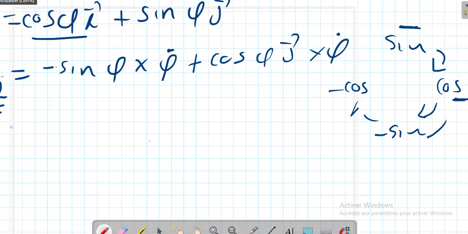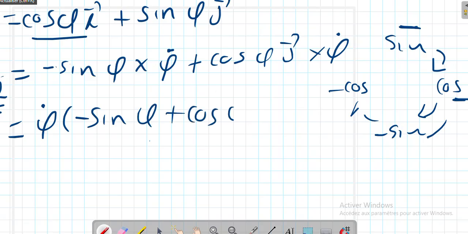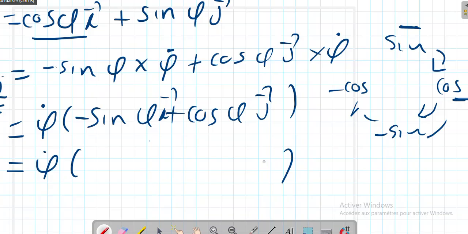Then here I can factor out phi power. Then I will remain with minus sine phi plus cos phi, the direction of E, the direction of G. So what am I going to have here? Here I'm going to have phi power. Then by definition we said this is E phi.